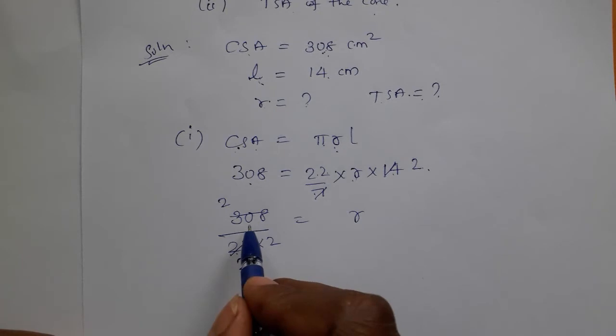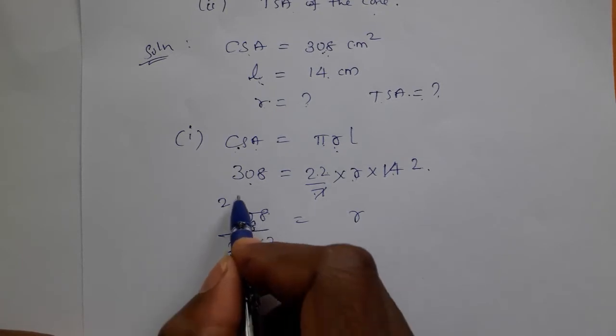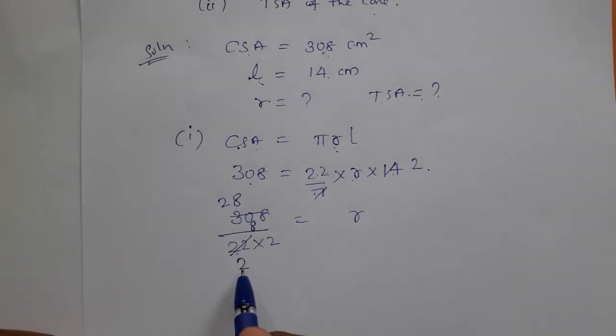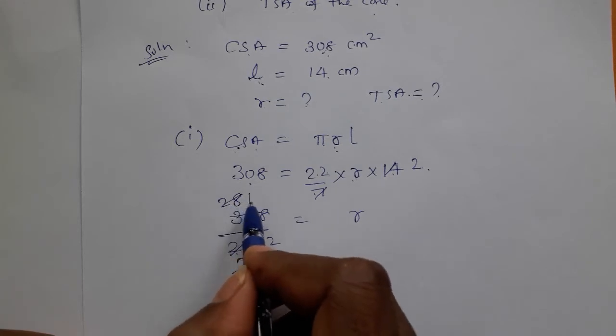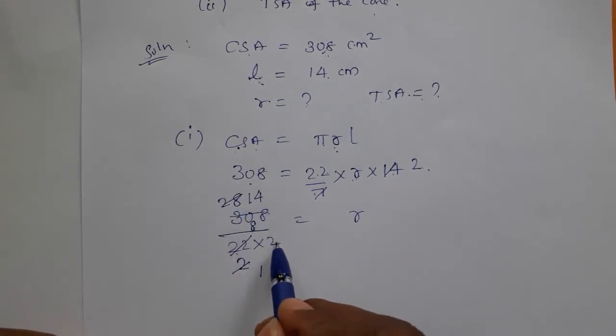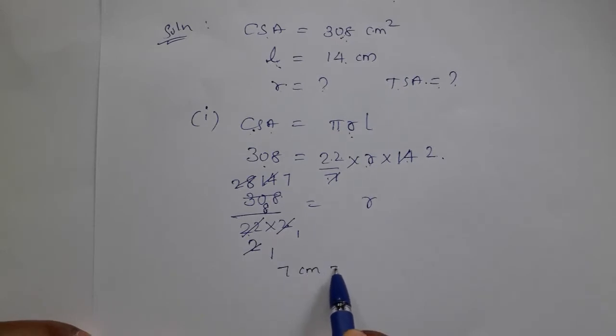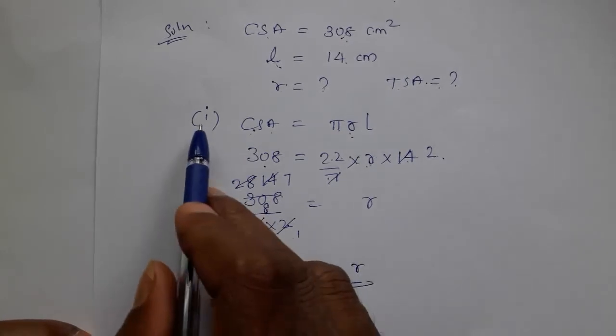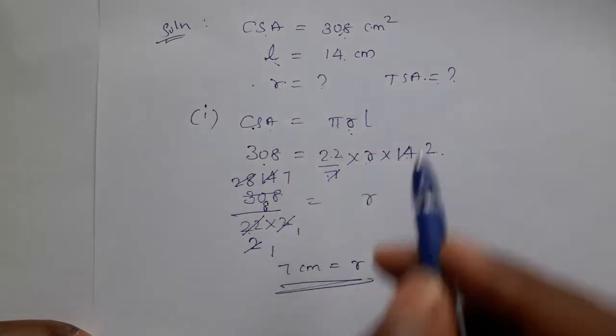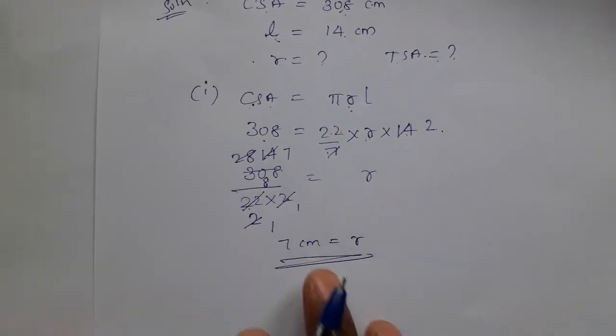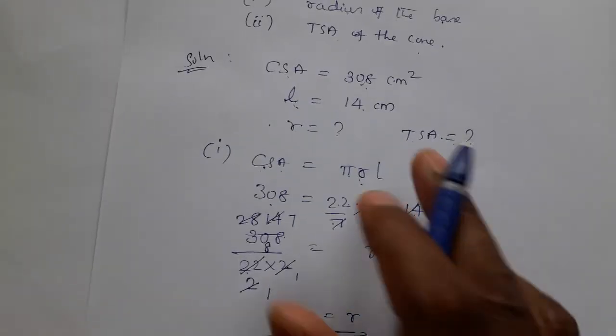In the 30, 22 is cancelled. 8, 88, 11 8s are 88. Now 2 1s are 2, 2 14s are 28. One more 2 is there. 2 1s are 2, 2 7s are 14. Then 7 centimeter equals R. This is the radius. That is the first sub question answer. Radius is 7 centimeter.